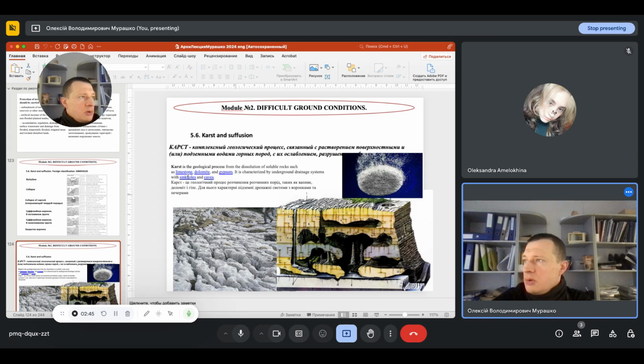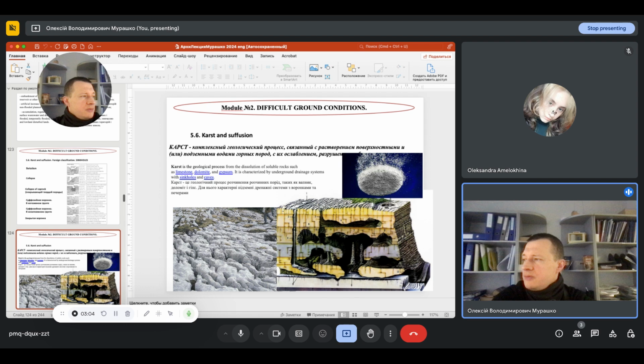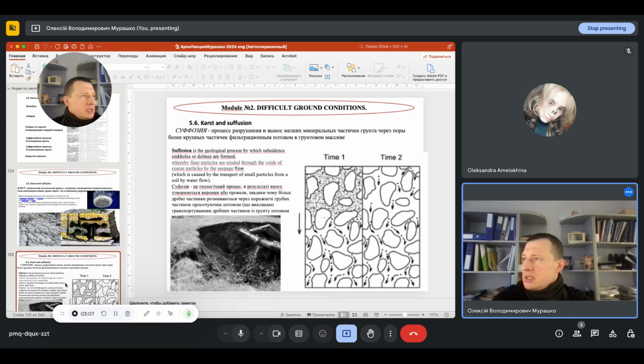Karst is a complex geological process, a process of dissolution of soluble rocks, and it can lead to emptiness underground, caves or sinkholes. So this is the first difficult ground condition which we are discussing.